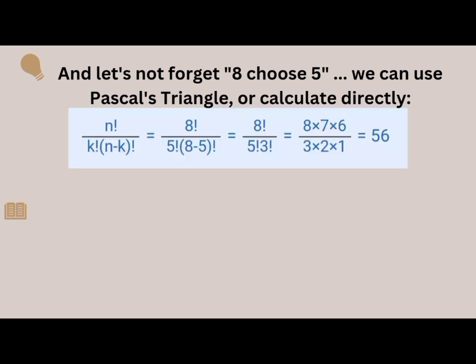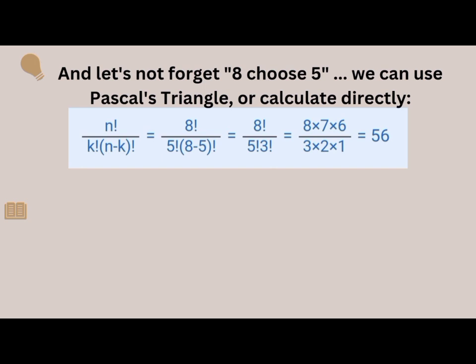Then, let's calculate. n factorial over k factorial times (n minus k) factorial equals 8 factorial over 5 factorial times (8 minus 5) factorial. 8 minus 5 equals 3. So, 8 factorial over 5 factorial times 3 factorial. We can cancel the 5 factorial in numerator and denominator.